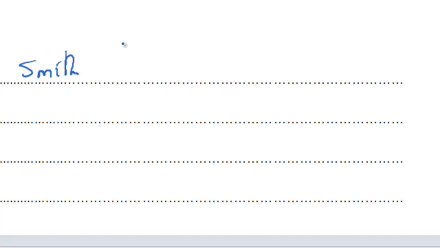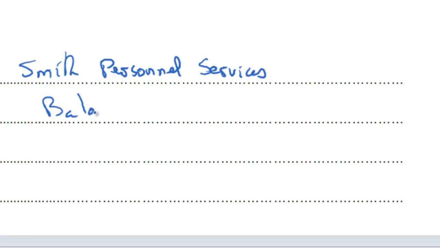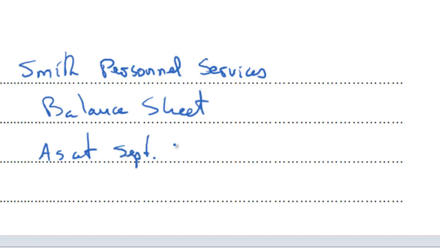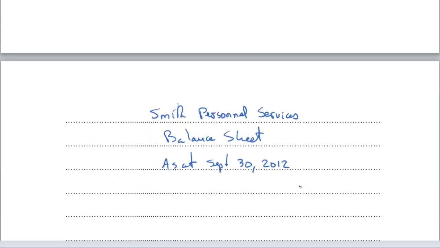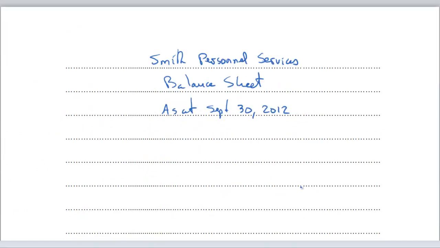So Smith Personnel Services balance sheet as at September 30th, 2012.